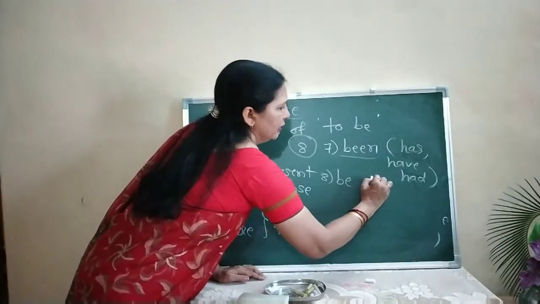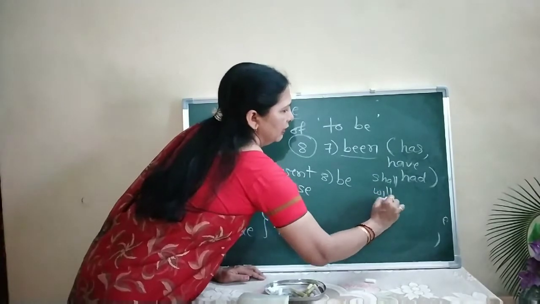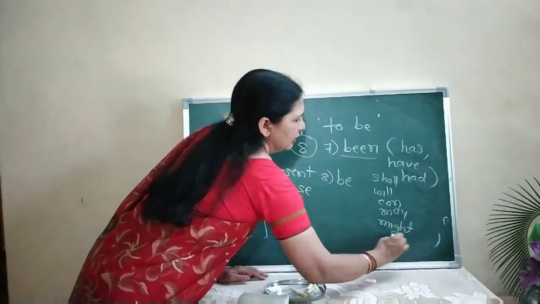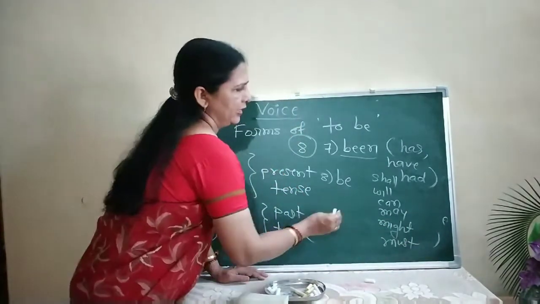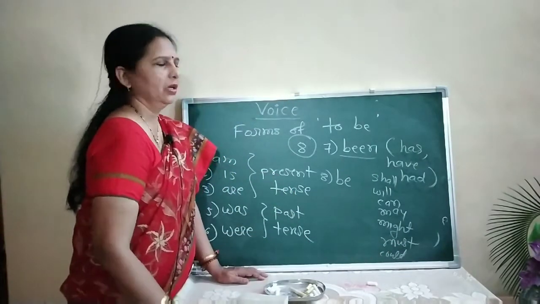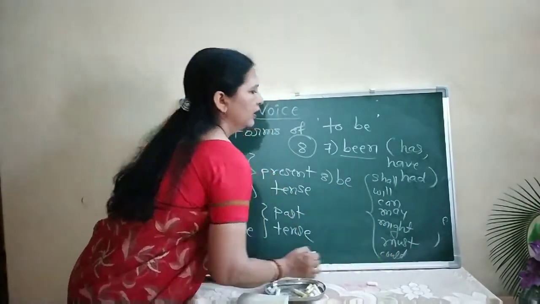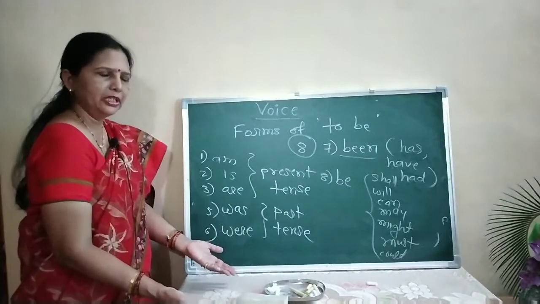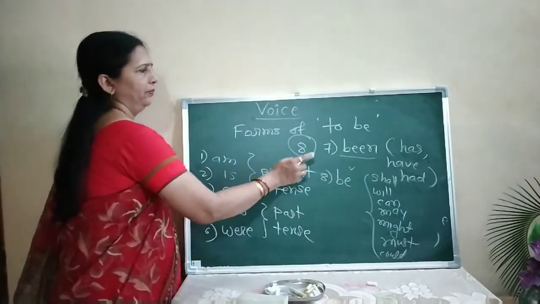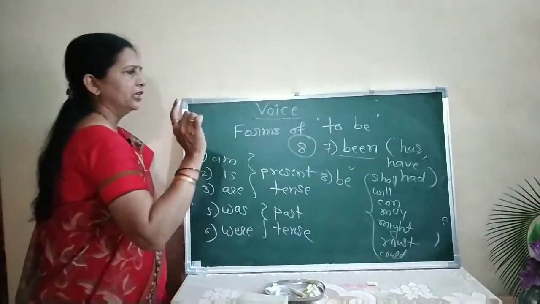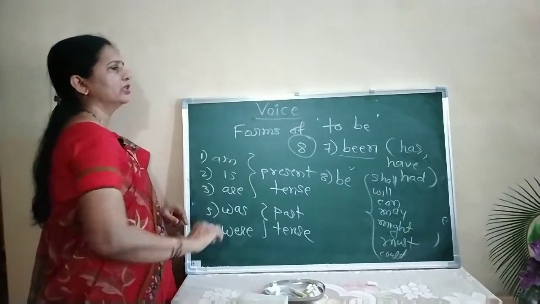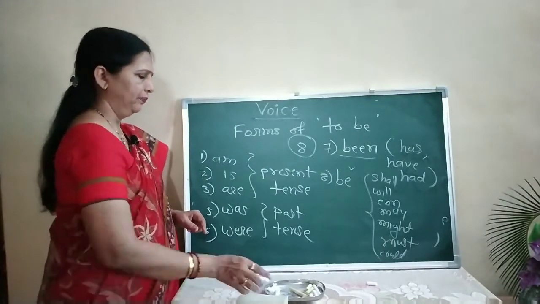Be is used with shall, will, can, may, might, must, could, etc. So when we are using these verbs, if we need a form of to be in passive voice, we have to use be. So am, is, are, was, were, been and be. These 8 forms of to be you must remember if you want to study voice very well.